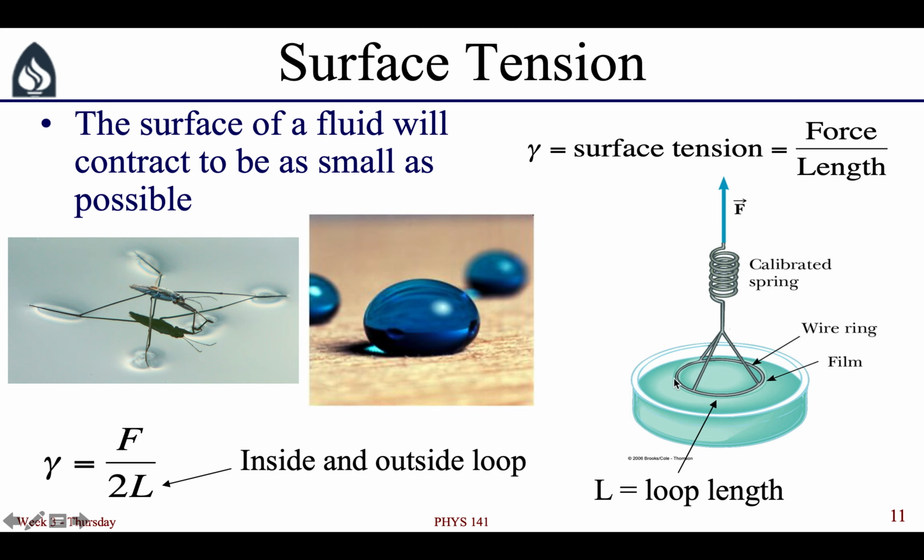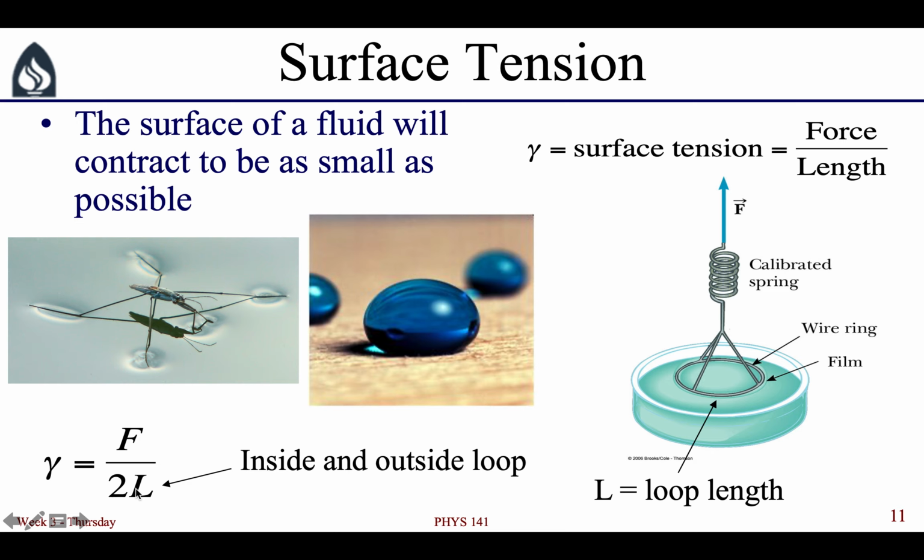So one way to measure surface tension is to place something like a wire ring just into the top of a fluid and then see how much force it takes to remove the wire ring from the fluid. So we would measure the surface tension then as being that amount of force that's measured by, perhaps, a calibrated spring or a spring scale measuring this force. So it's the amount of force required to lift the wire loop divided by twice the length of the loop.